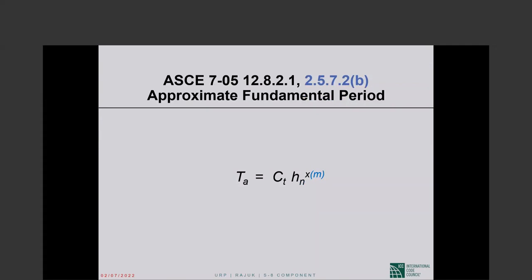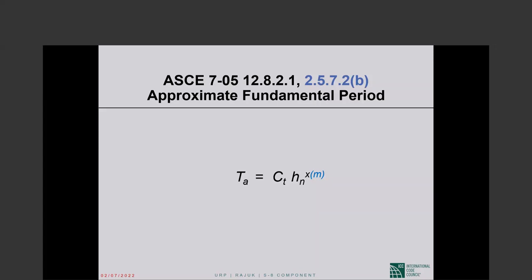Okay. So C sub T times height raised to the power something. This tells you that the approximate period cannot be, quote unquote, the real period of the structure. Okay. Because it is a function only of height.